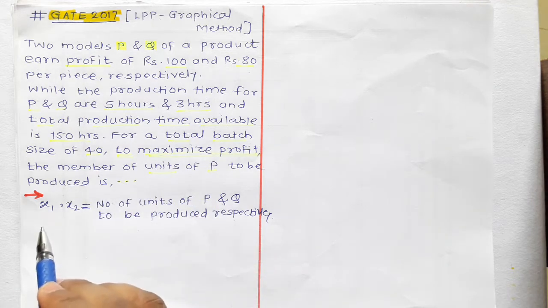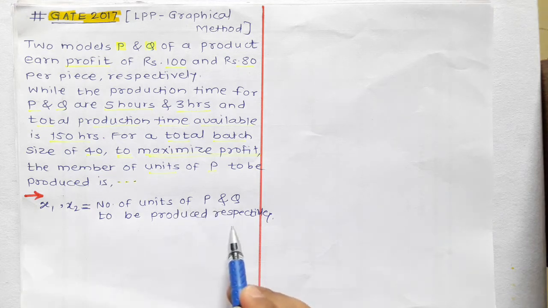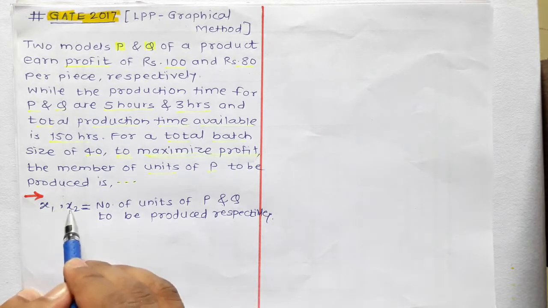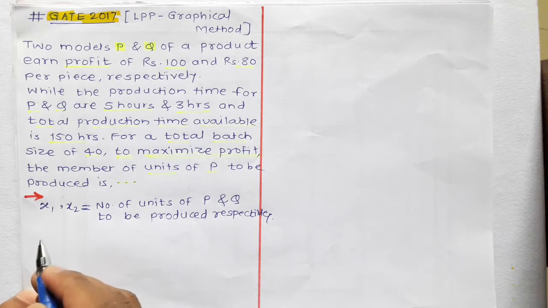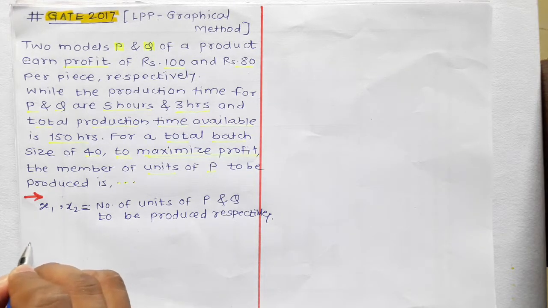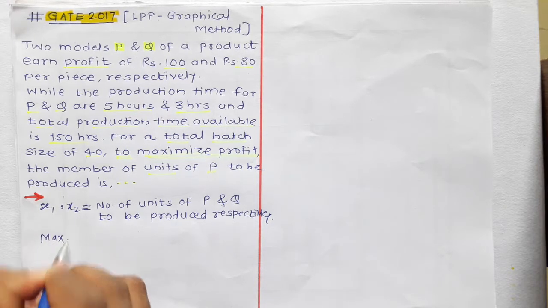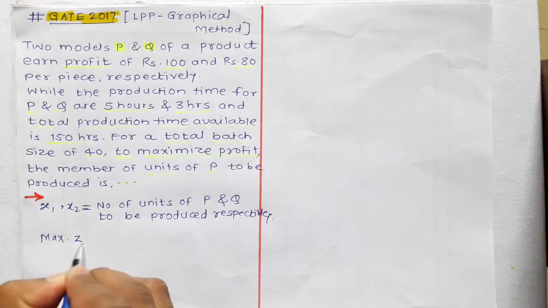So let us assume X1 and X2 are the number of units of P and Q to be produced respectively. So X1 is the number of units of P to be produced and X2 is the number of units of Q to be produced. From these variables we can write our objective function. The objective function expresses the profit function and it is denoted by Z, and we have to maximize it.